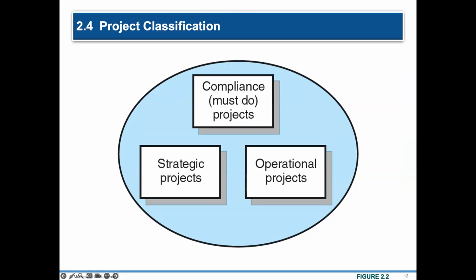Second is the operational projects. These are the projects that you undertake in order to support the day-to-day operations of the company, such as probably streamlining the disbursement process of the accounting office, or if you're in the record section, the indexing process for all of the files.